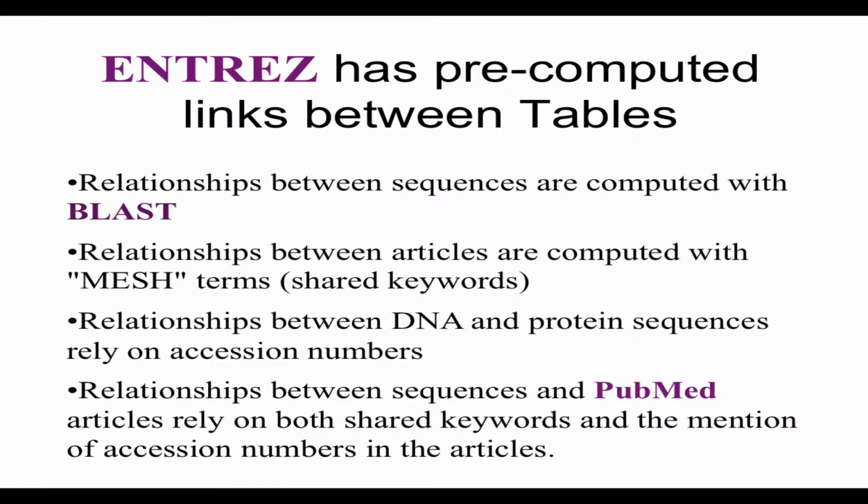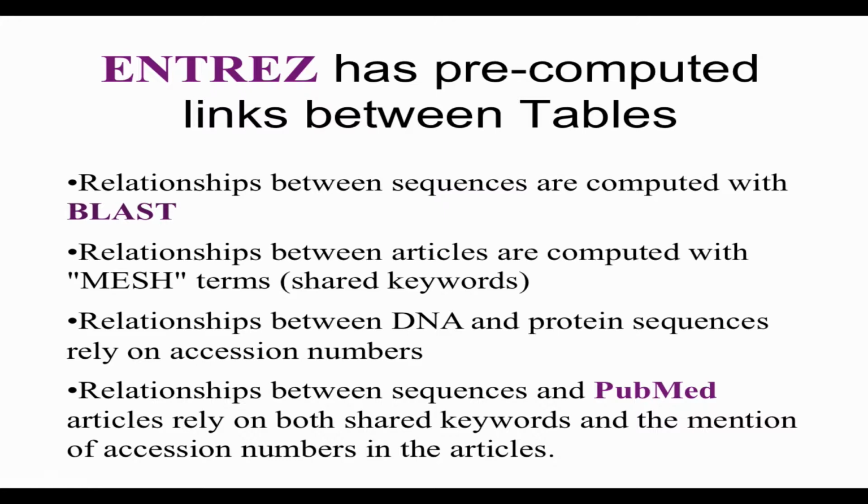The Entrez database is also interesting in that it has pre-computed links between some of the tables. In other words, they have anticipated some of the things that you might want to do and have done them in advance. For example, among the DNA sequences, they have already done internal BLAST searches. So for every sequence, there's a set of links on the right to all of the high or strong E-value BLAST matches.